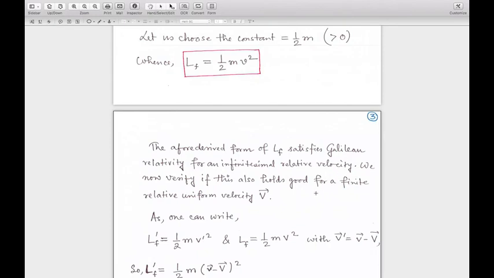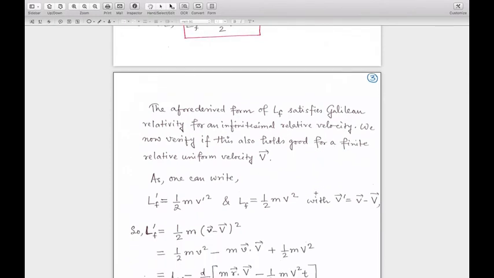Right? We now will verify whether this also holds good for a finite relative uniform velocity V or not. Now we know the exact functional form, half m v square. We will cross-check whether, instead of epsilon, if I write some finite constant relative velocity between K and K prime, I can also have a symmetry transformation for the Lagrangian.